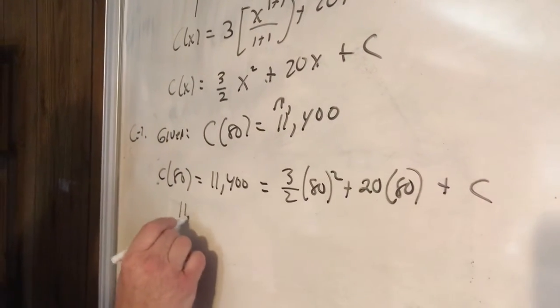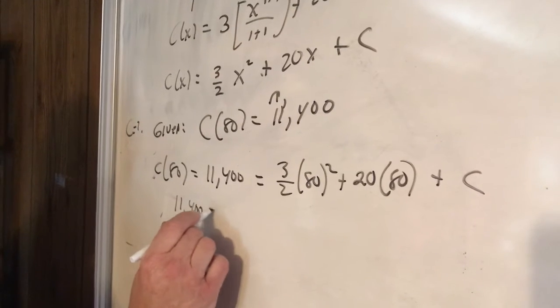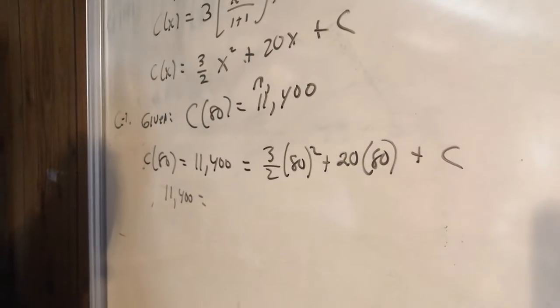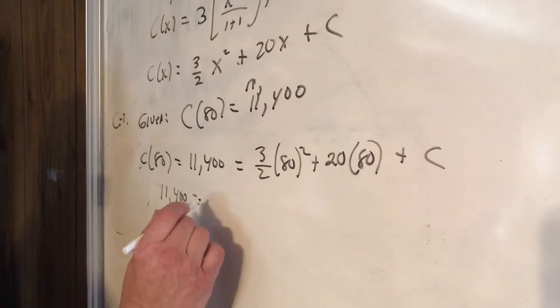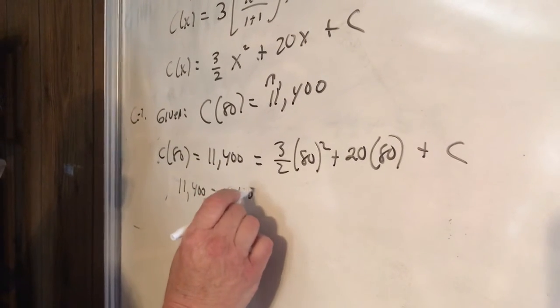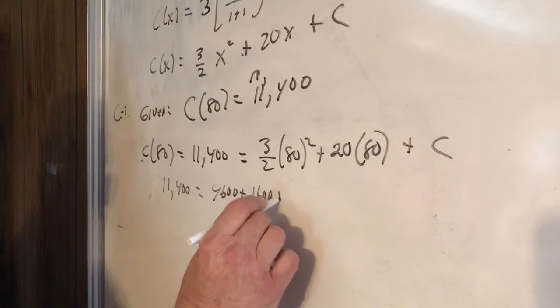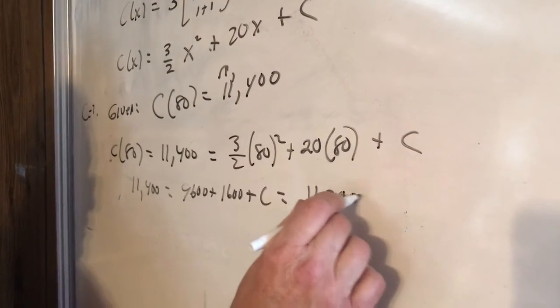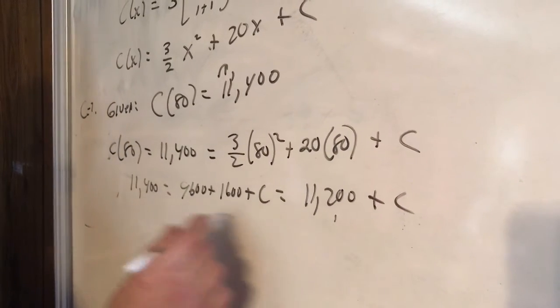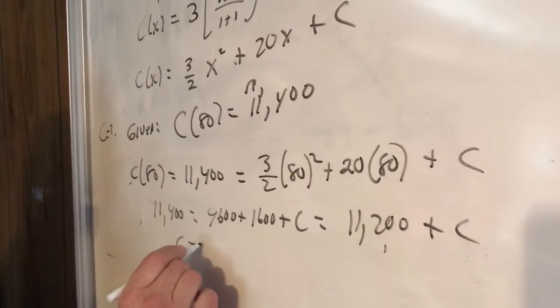So now we have 11,400 equals, and I've already calculated this, 9,600 plus 1,600 plus c, or 11,200 plus c. Bring this over here, c is 200.